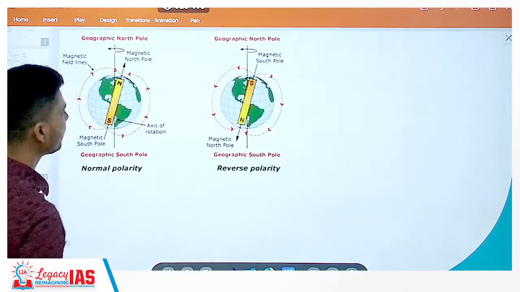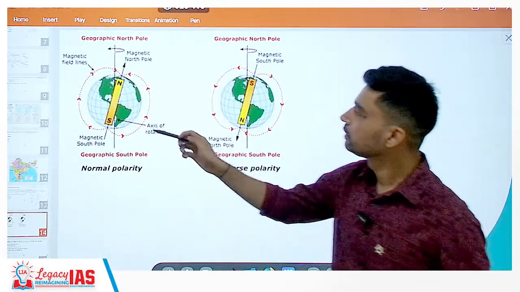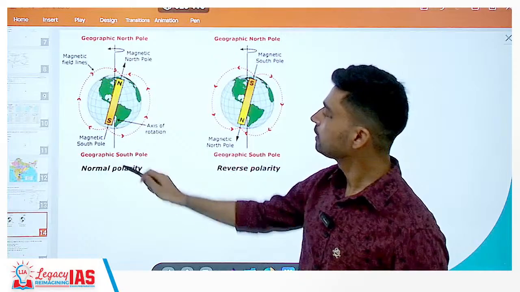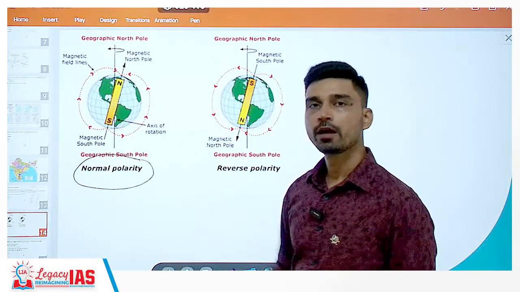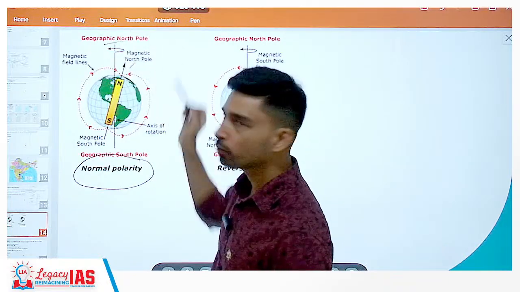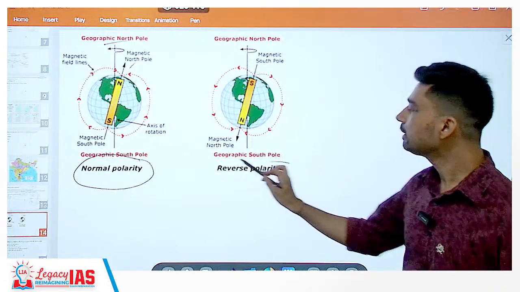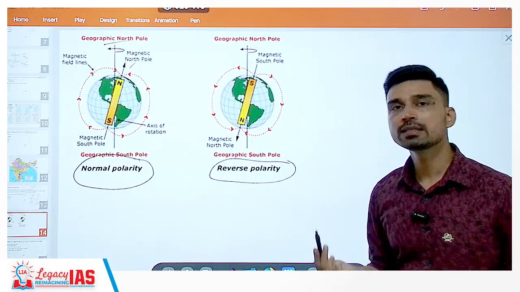More precisely, this is how we can represent it. This is earth. Currently, it is called normal polarity. Why do we use the term normal polarity? Simply because the magnetic North Pole is toward the geographical North Pole and the magnetic South Pole is toward the geographical South Pole. Then there is reverse polarity. Why do we call it reverse polarity?